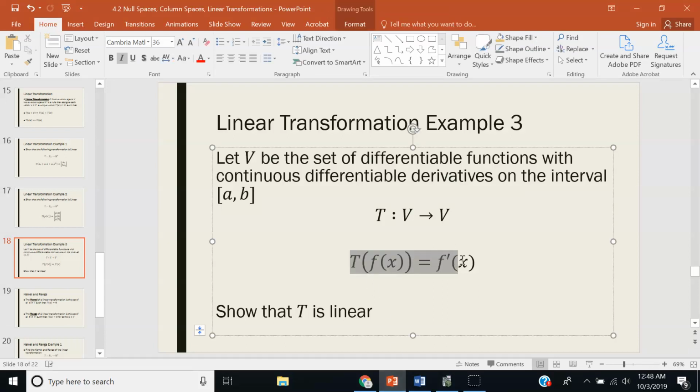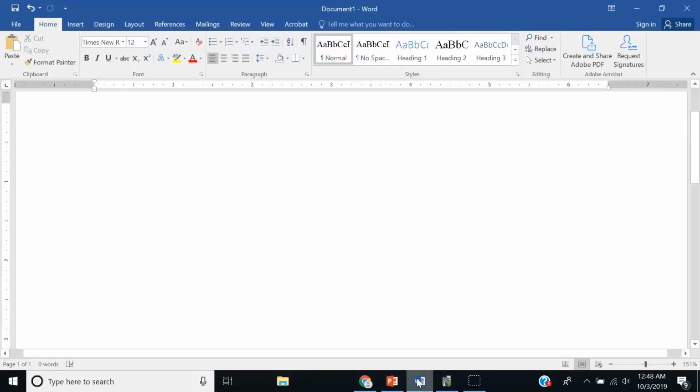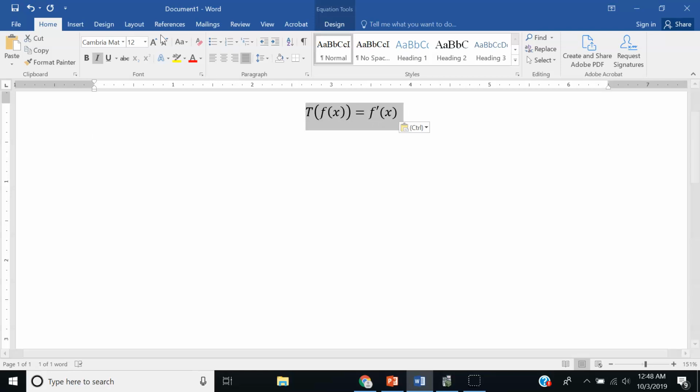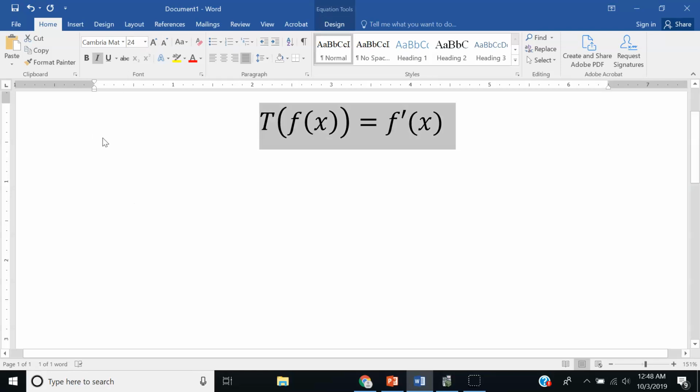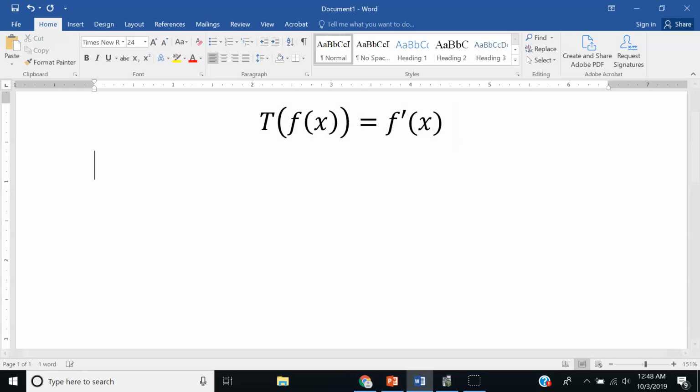So my mapping is taking a function to its derivative. And we're assuming, that's why I said nice continuous differentiable functions, that all these functions are really nice and that the derivative always exists.